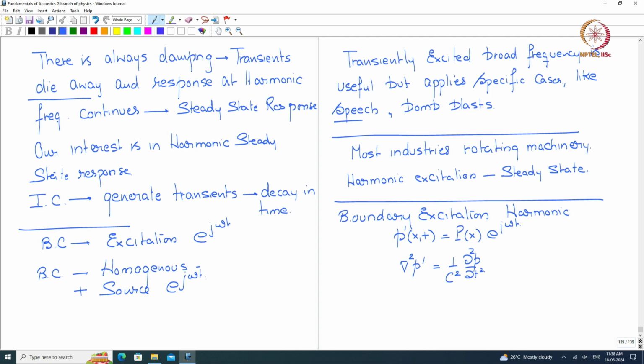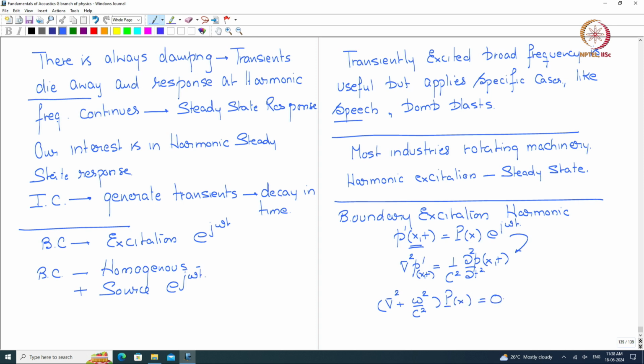Let's say I'm just doing one dimension, x comma t. If I substitute this in here, what I will get is del square plus omega square by c square into P of x equal to 0.